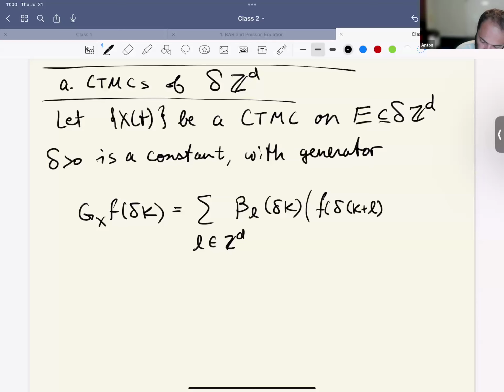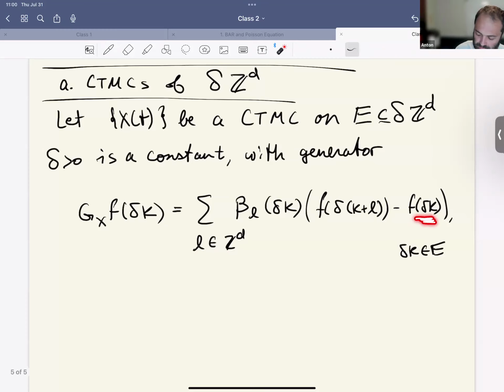F of delta K plus L minus F of delta K, and delta K is in E. All right, so the generator basically says, L is like the displacement vector.